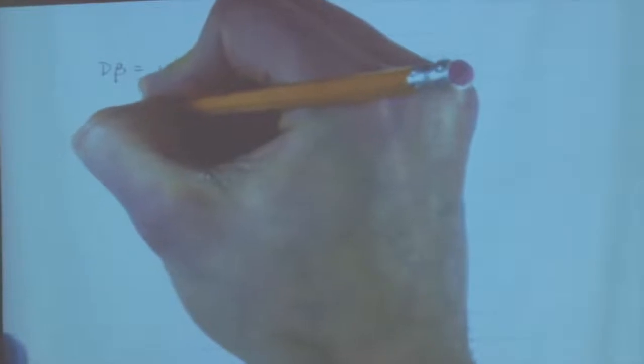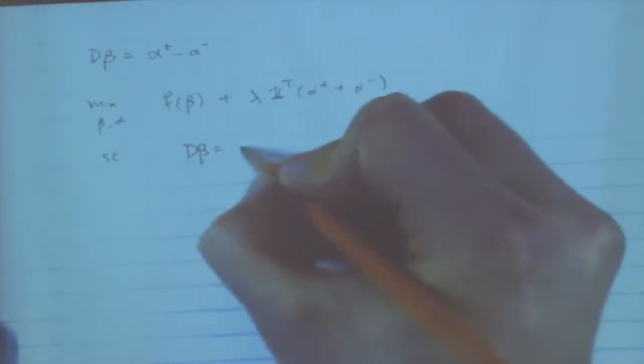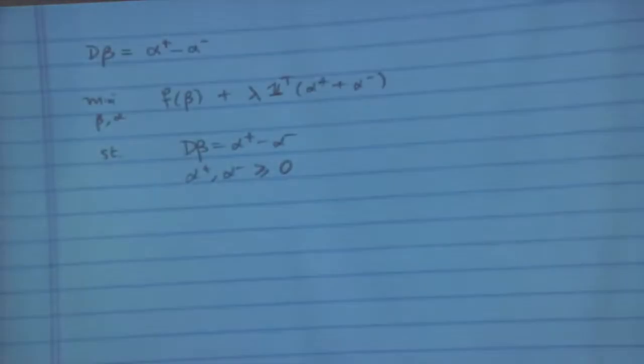And I could solve this problem instead. Minimize overall beta and alpha, f of beta plus lambda times the 1's vector transpose alpha plus alpha minus, subject to d beta being equal to alpha plus minus alpha minus, and each of these guys being bigger than or equal to 0.